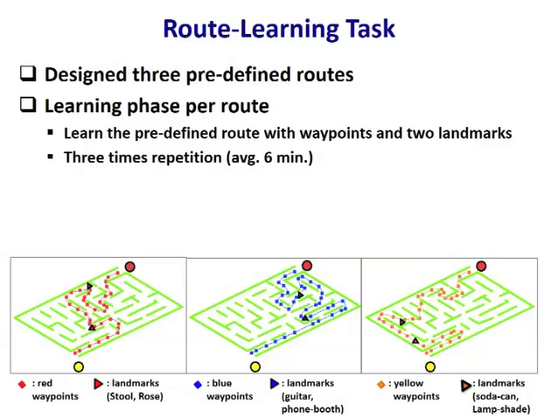To assess route knowledge, we provided route learning tasks to all participants. For that, we designed three predefined routes. For each route, there is a learning phase. During this learning phase, each participant was allowed to learn the route through 3 repetitions with the waypoints and 2 landmarks.